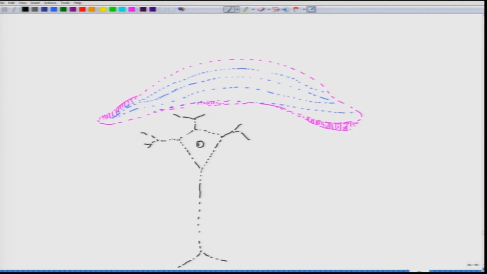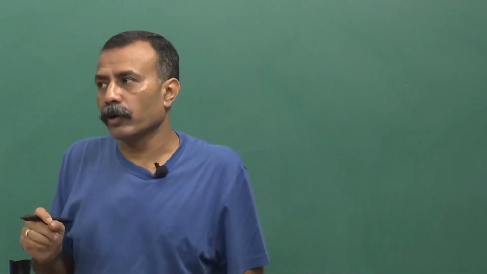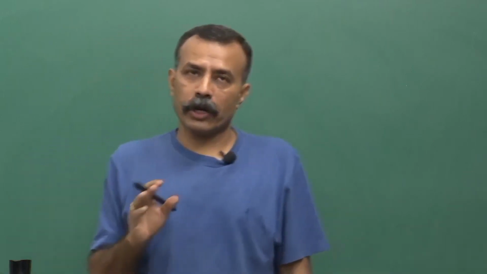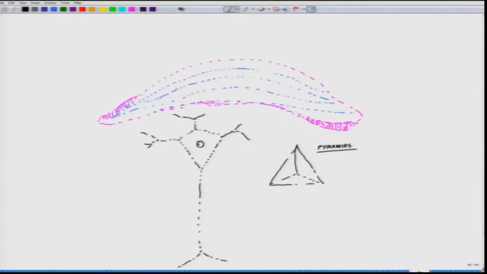The shape is very similar, if I just reverse it, to the pyramids, and based on this shape, these neurons are called pyramidal neurons. It is purely based on the shape of the cell body. If you look at the shape, it is something like this.